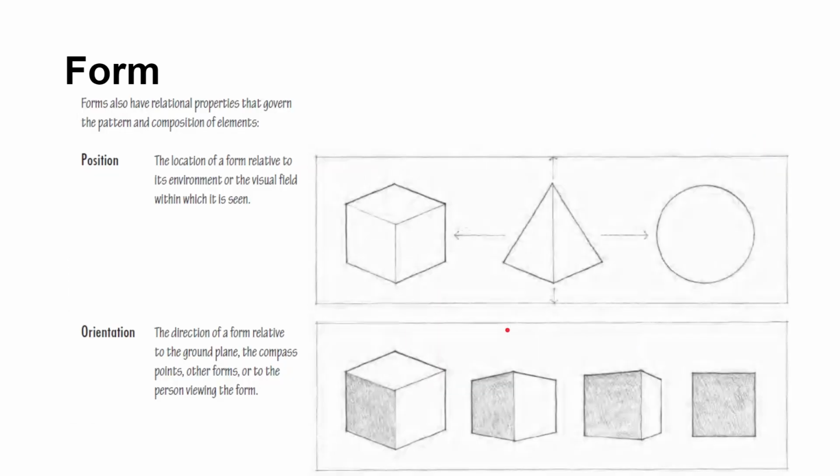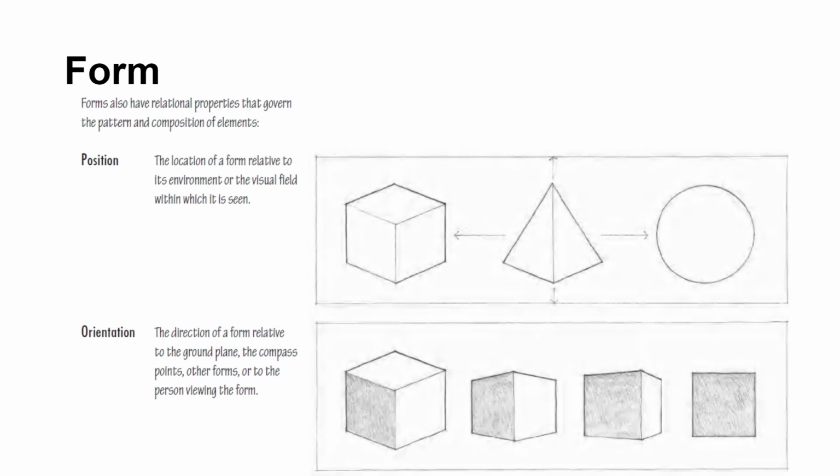So for position, forms also have relational properties that govern the pattern and composition of elements. Position is the location of a form relative to its environment or the visual field within which it may be seen. This would vary in the positioning of your object or shape. Also, you have to consider the orientation.